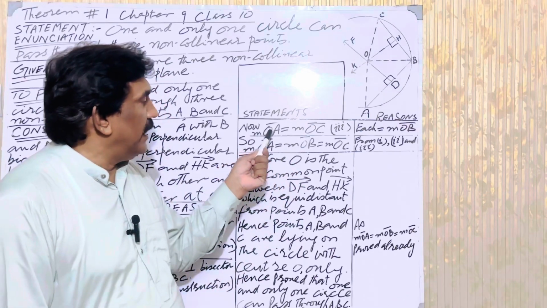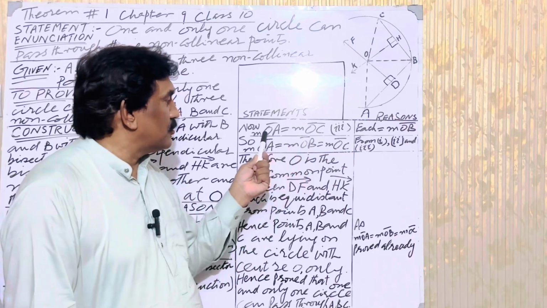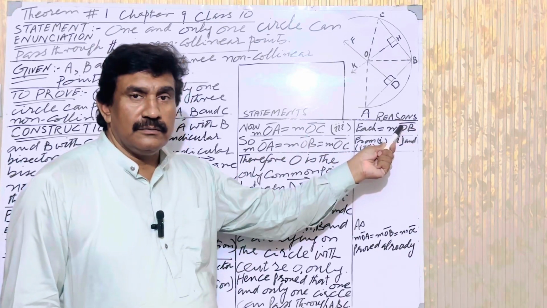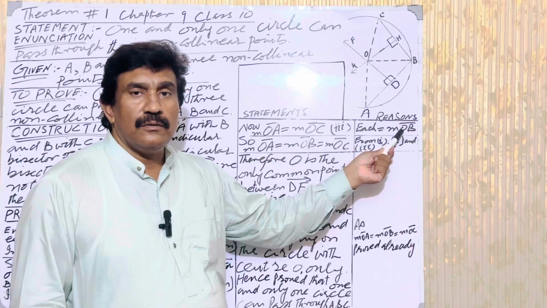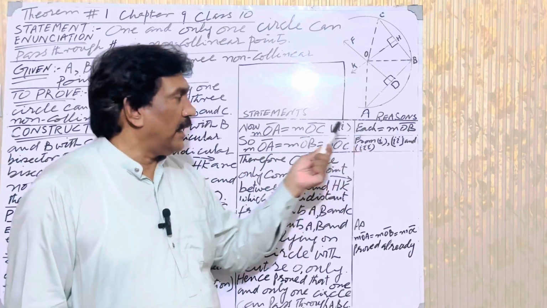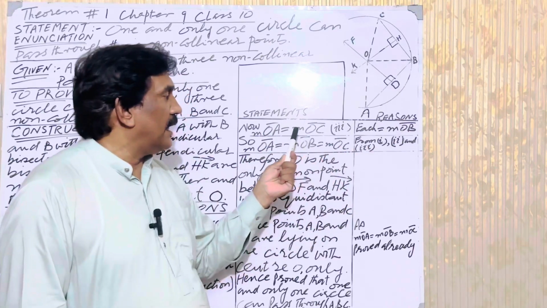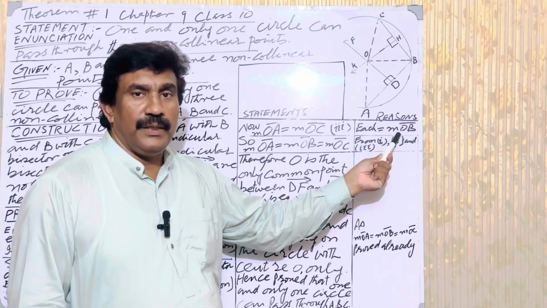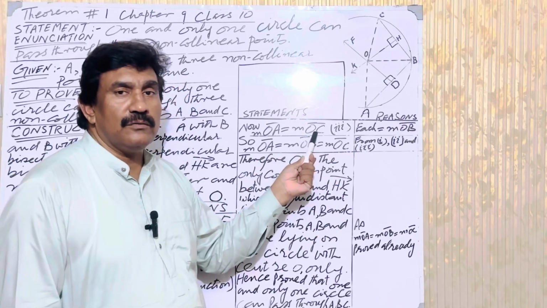Now OA equals what? OC. Why? Because OA is equal to OB and OC is also equal to OB. OA equals what? OB. And OC equals what? OB. So each equals OB, so they will also be equal to each other.